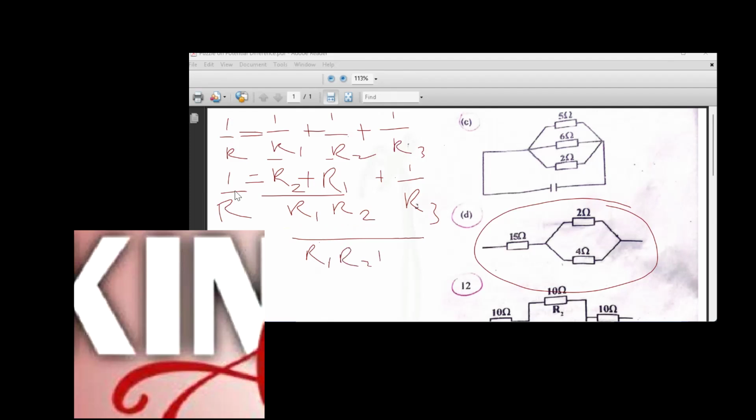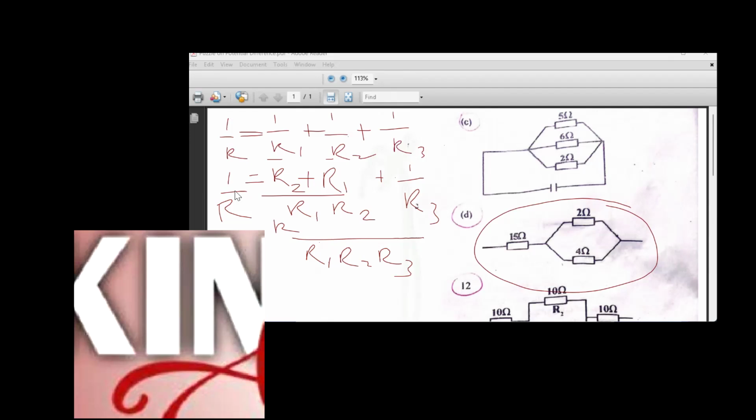R1, R2, R3. So R1 plus R2, R1 into R1, R2, R3 is R3, R2 into R1.